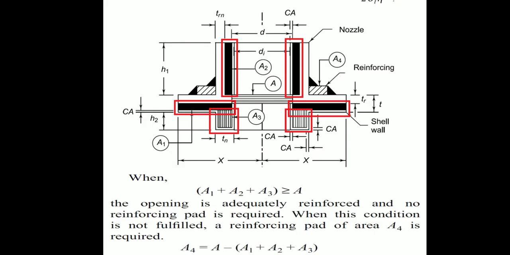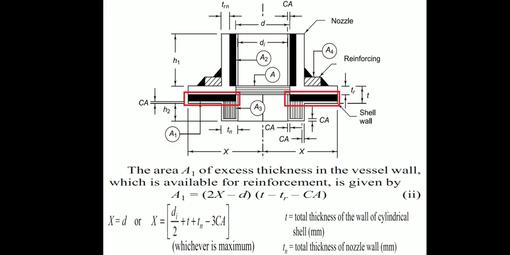Now let us discuss how areas A1, A2 and A3 are calculated. Area A1 is calculated as A1 equal to (2x minus D) into (T minus Tr minus Ca), where x is the limiting distance measured from the center of the nozzle within which the area removed is to be compensated.